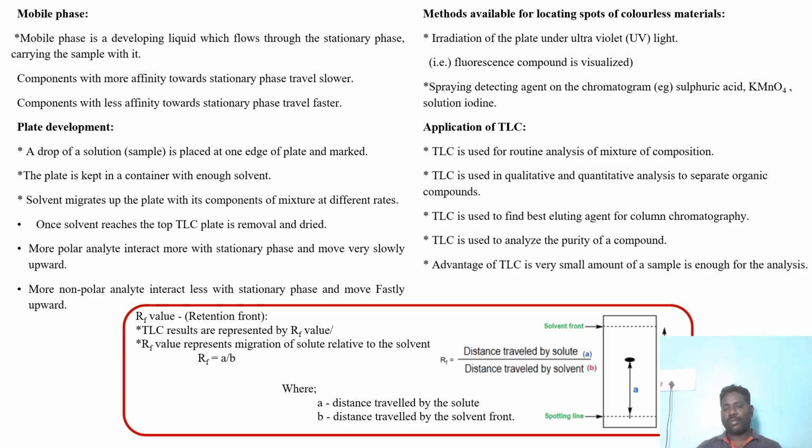Once the stationary phase and mobile phase are fixed, we have to go for plate development. For plate development, we should take a suitable solvent in a beaker, and we have a sample mixture in liquid form.